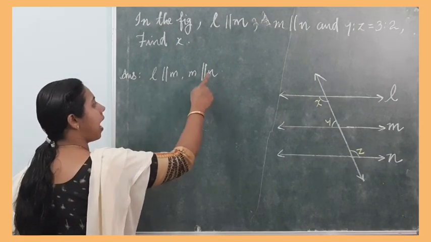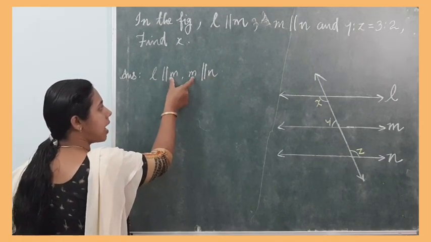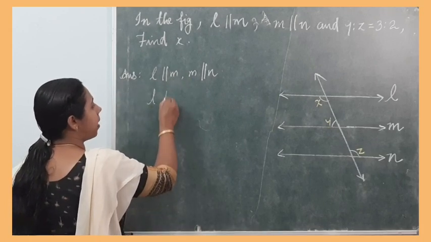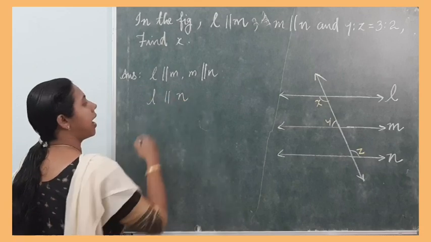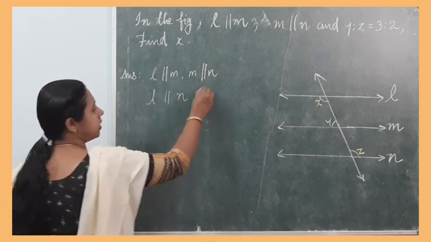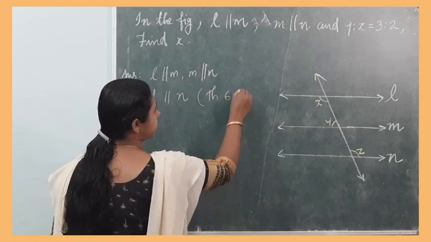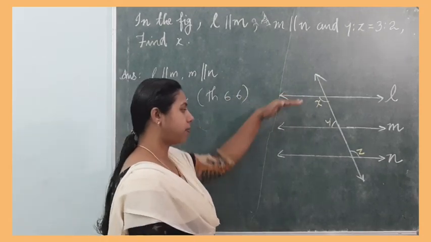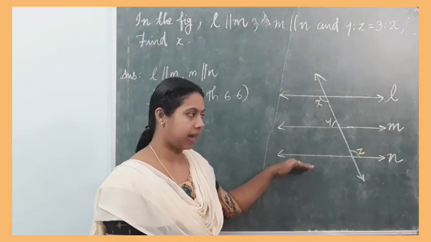Here lines L and N are parallel to the same line M. So we can say that line L is parallel to line N by theorem 6.6.